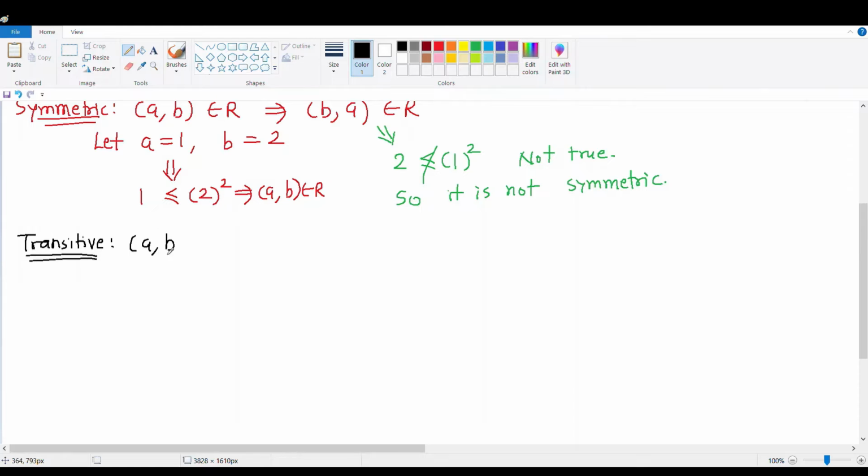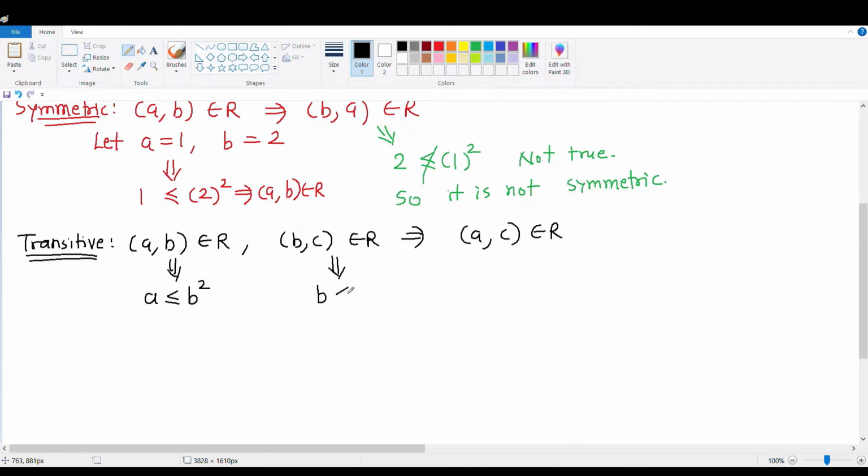That if you have (a, b) in R and if you have (b, c) in R, then you must have (a, c) in R. Okay, so this means what? That your a is less than or equal to b square. This means your b is less than or equal to c square. And this means your a is less than or equal to c square. Now we need to find a counter example that's going to make this wrong.